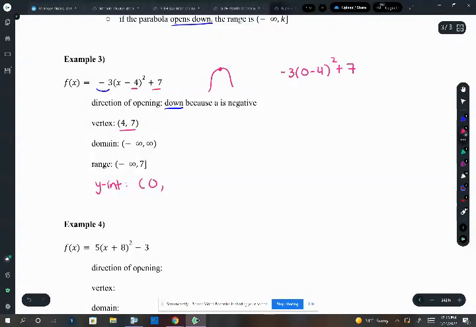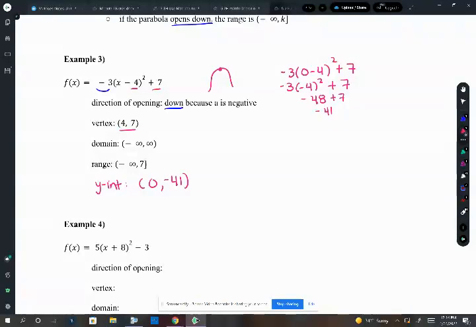And when you go to graph it, the problem with vertex form is a lot of times our numbers get really big really fast, because you'll notice that if I do negative 4 squared, then that's 16. 16 times negative 3 is negative 48 plus 7, which would give me negative 41. And so my y-intercept would be 0, negative 41. That would be really hard to graph and figure out what it's going to look like. And so, yes, I could do it, but if I was going to graph, I would need it to be a smaller number when I plug in 0.